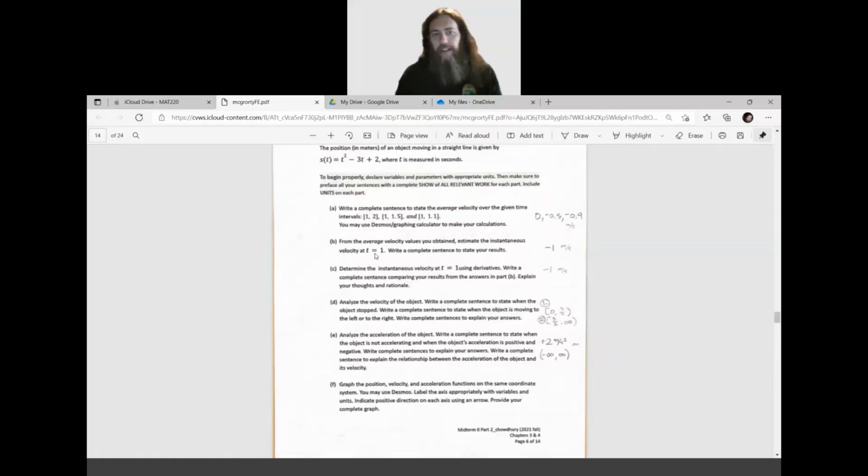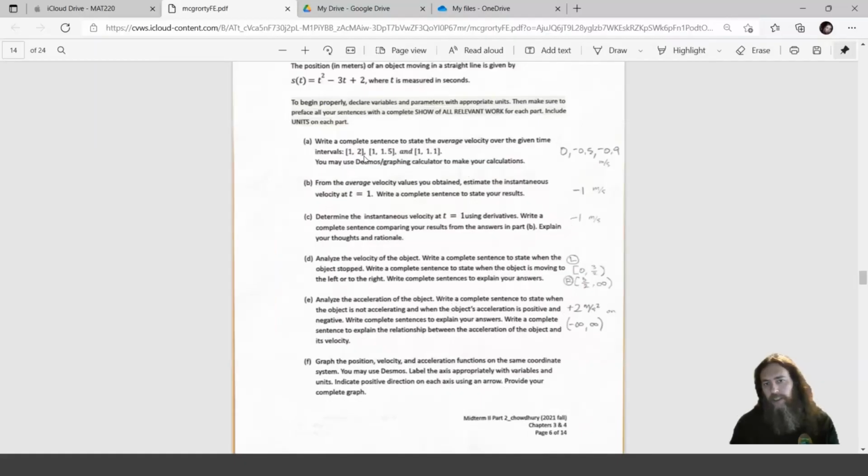So I did that by using this 1 to 2 interval here, which we found was 0, and then also finding one between 0 and 1 on the other side. That way I got an interval of equal size on either side, and it's simpler than dealing with decimals here.